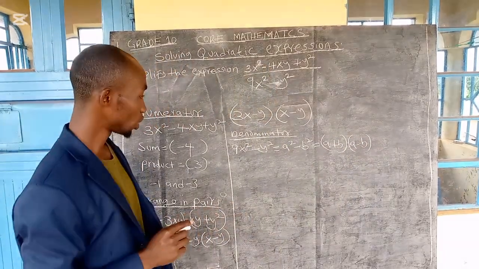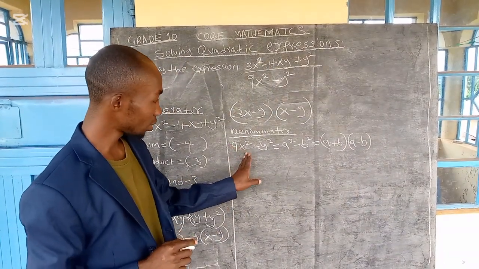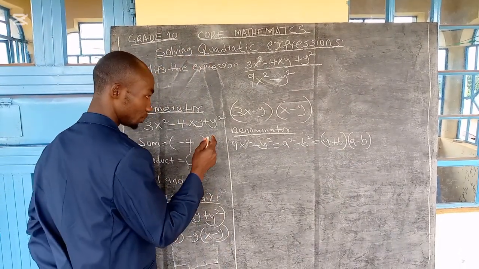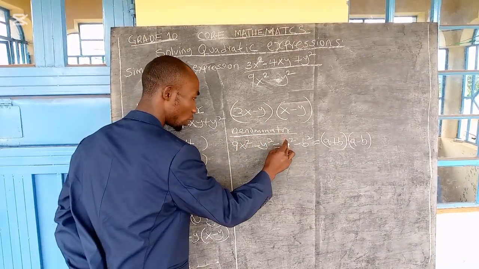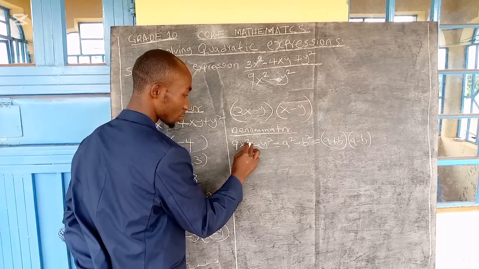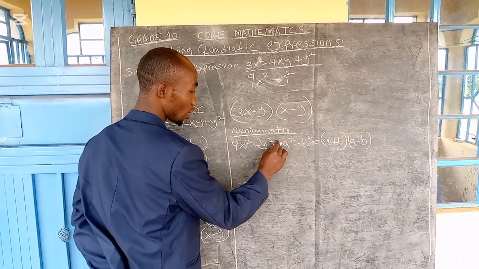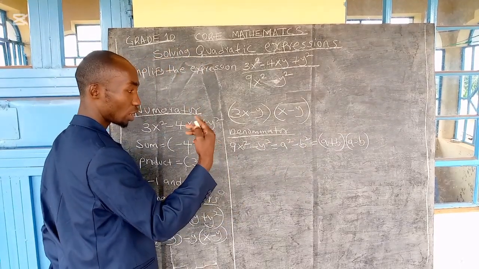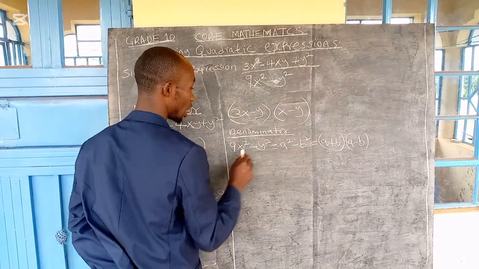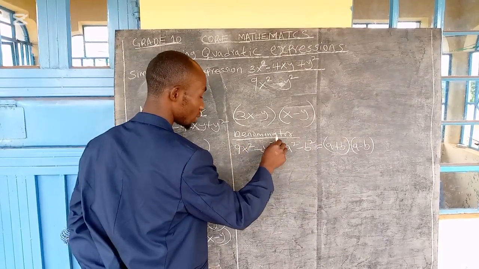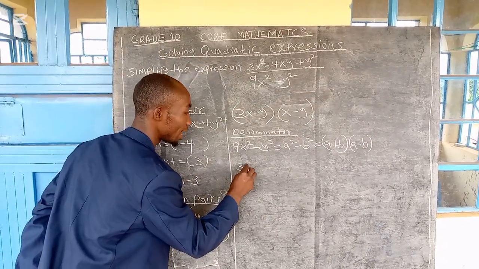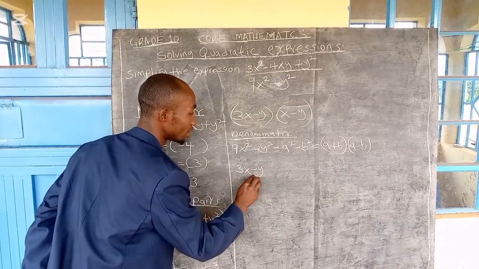So we are going to factor this expression in terms of this kind. Since it is like a squared minus b squared, we work out the square root of this side and also the square root of this side.